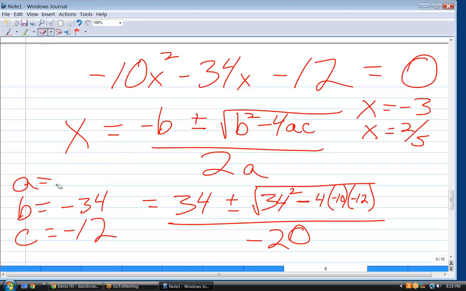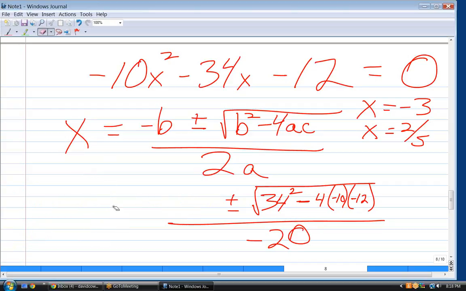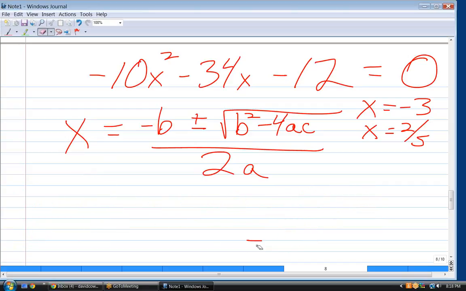It is important to understand that when you're using the quadratic, it's x equals this. It's not just that. In other words, the solution to this equation is x equals those two solutions you would get.